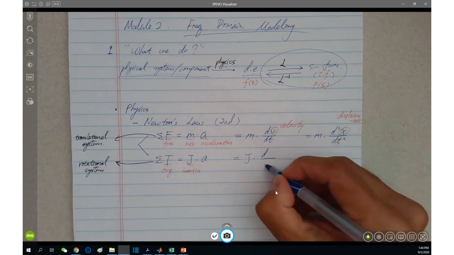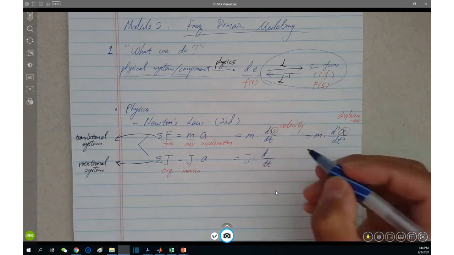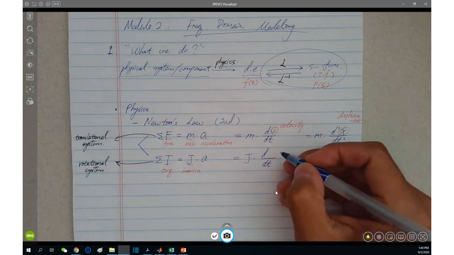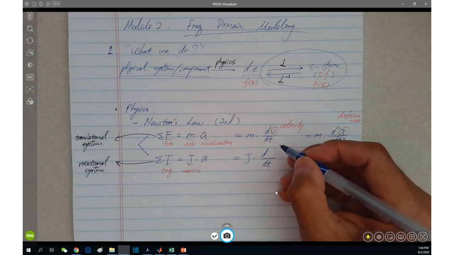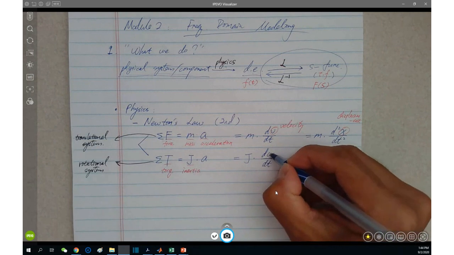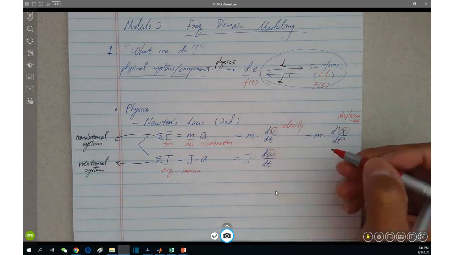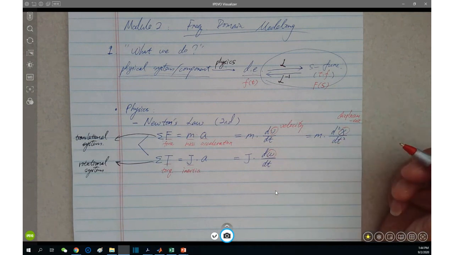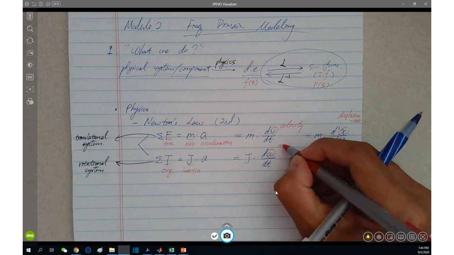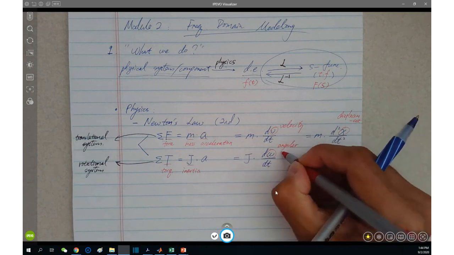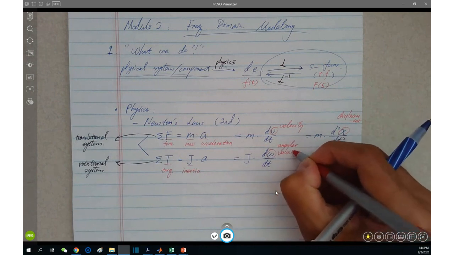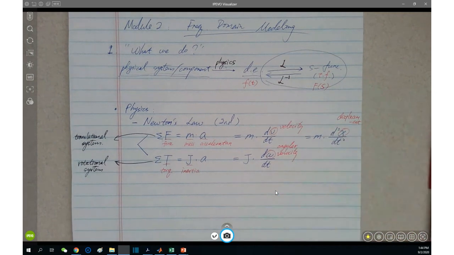Omega. It's the angular velocity. Excellent. Good job. Angular velocity is for a rotating system.